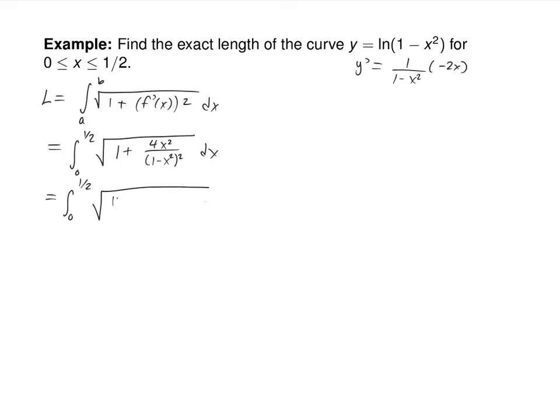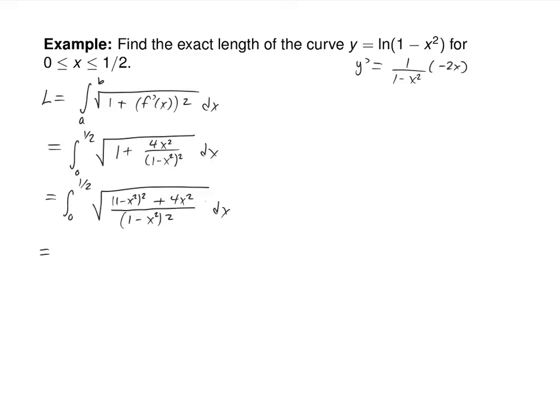So this is going to be the square root of (1 minus x squared) squared plus 4x squared, all over (1 minus x squared) squared. Does that much make sense? Now your only option is to simplify that numerator, right?